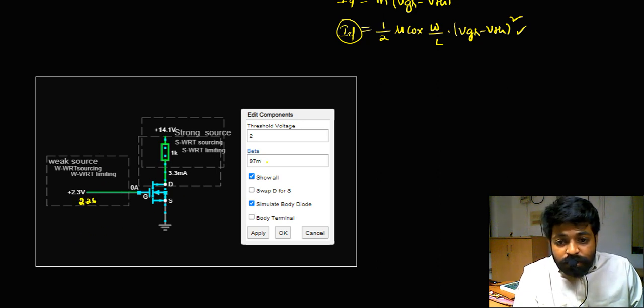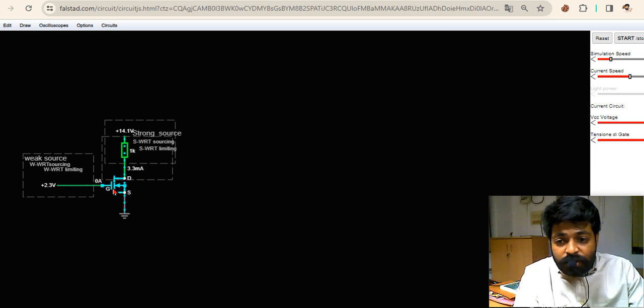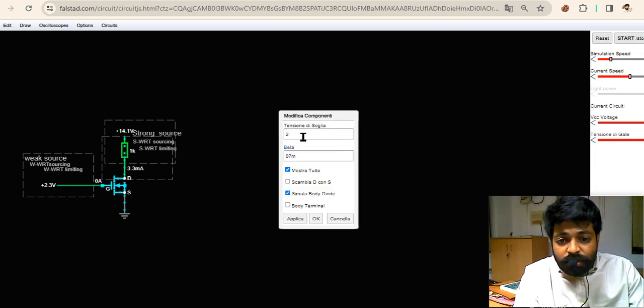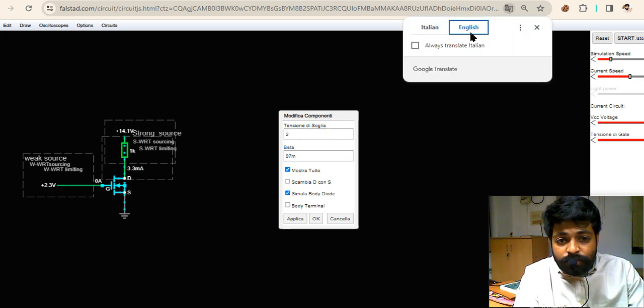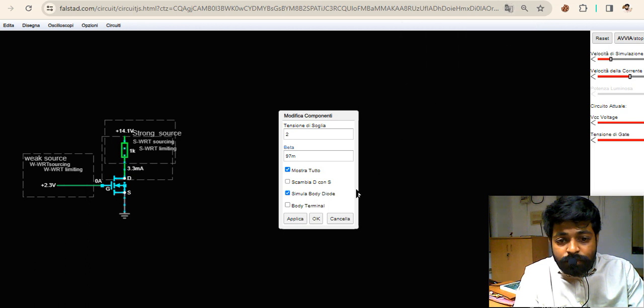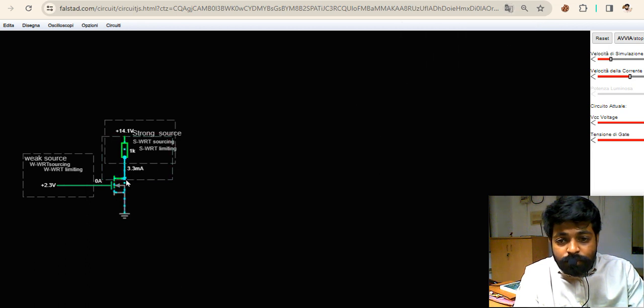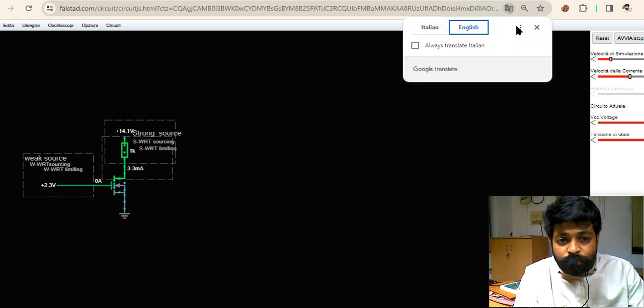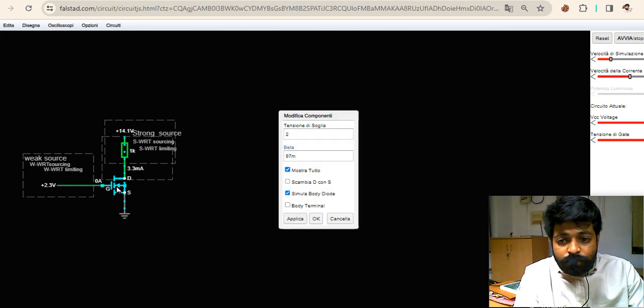And the threshold voltage: after you make the connections and double click on the transistor, that is the value of the threshold voltage.